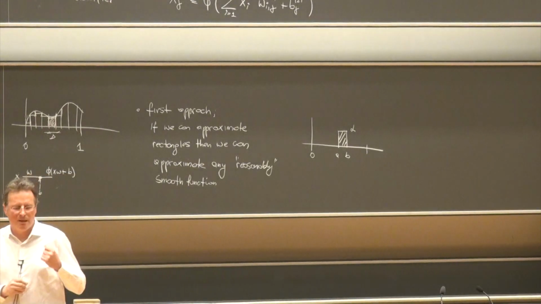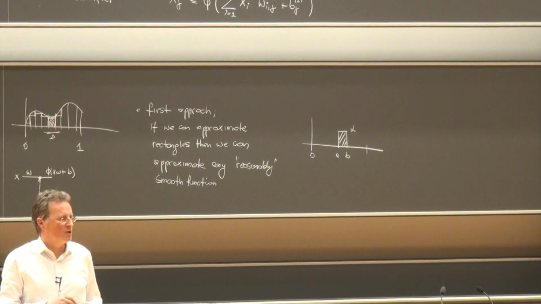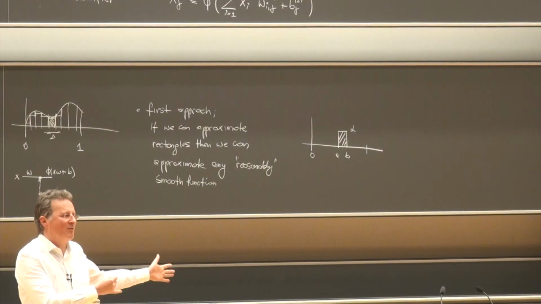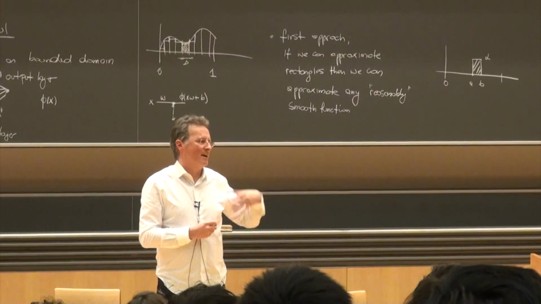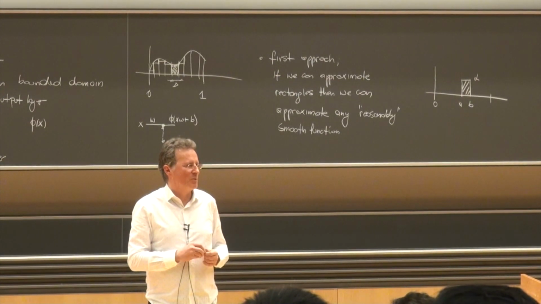So the claim is not, right now, that that's how neural networks approximate functions. Right now, we just want to say, in principle, the network can approximate a reasonable function, because I'll give you a specific way of doing it. When the network actually learns it, via stochastic gradient descent, etc., that's very likely not the way it will represent it.